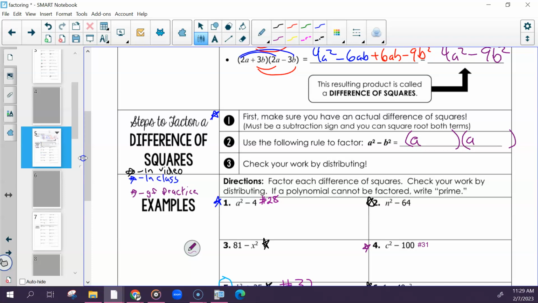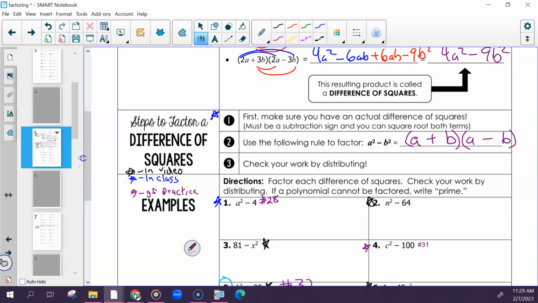B. So put b at the back of both sets of parentheses. Then put a plus and a minus in between them. Does not matter if you put the plus first or the minus first, as long as you put both. And then if you wanted to check your work, you do what we just did and distribute it back out and see does it match the original.